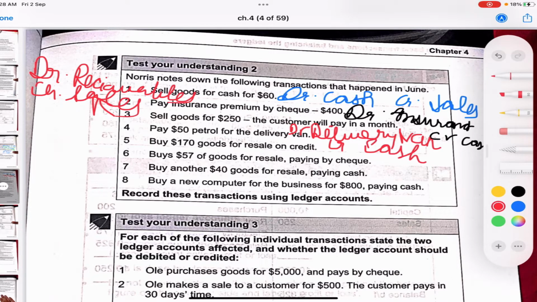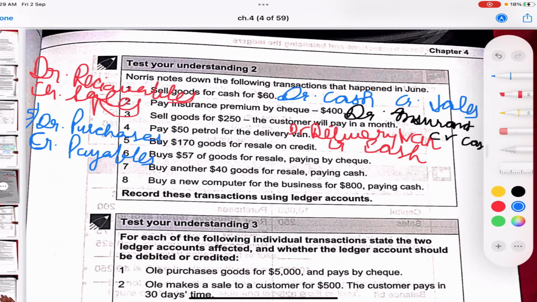I know the handwriting is not good, but I'm assuming that you're doing it by yourself and writing it down somewhere. Okay, now let's go to the fifth one. What is the fifth one? Buys $170 goods for resale on credit. So what is that? Purchases account debit, because we are buying some goods, and payables. So the fifth one is going to be debit the purchases, credit the payables. Why? Because you need to pay them.